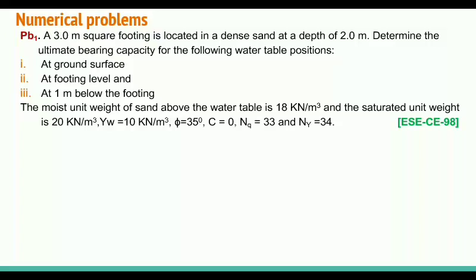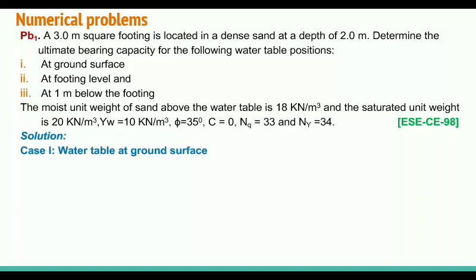Unit weight of water is 10 kN per meter cube. Phi, the angle of internal friction of the soil, is 35 degrees. C is 0, Nq for 35 degrees is 33 and N gamma is 34. So we have to calculate the ultimate bearing capacity of soil for the different water table positions.